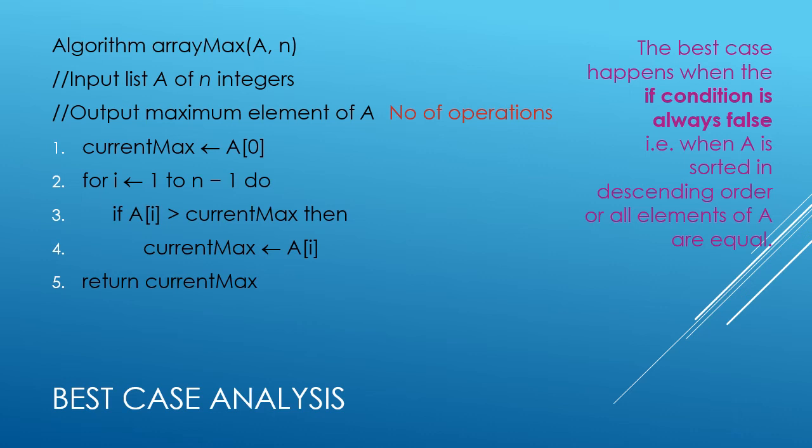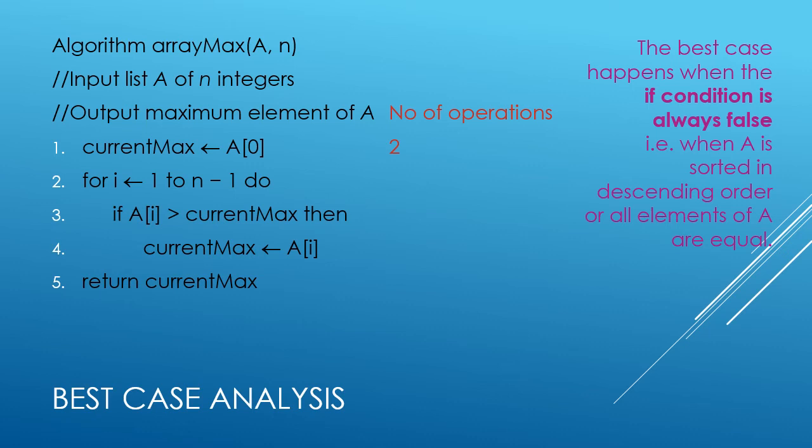Line number 1 shows that I access the 0th element of A and assign it to current max. These are 2 operations. In line number 2, I have a for loop. There is one initialization in the for loop. True values of the for loop go from 1 to n minus 1. So there are n minus 1 true values.